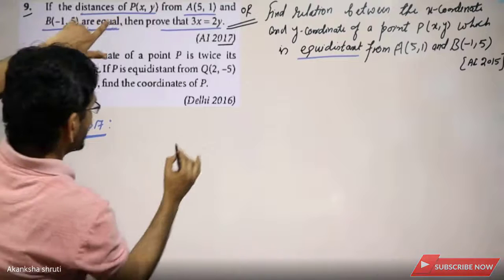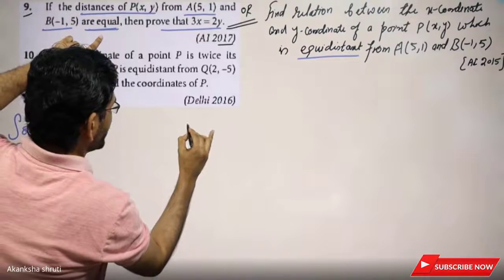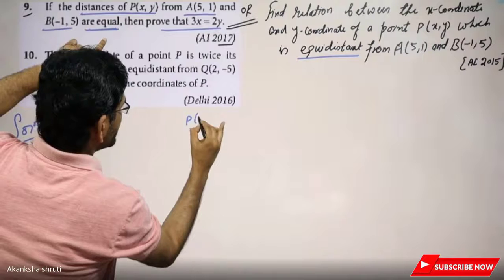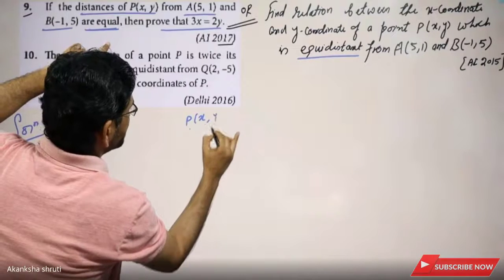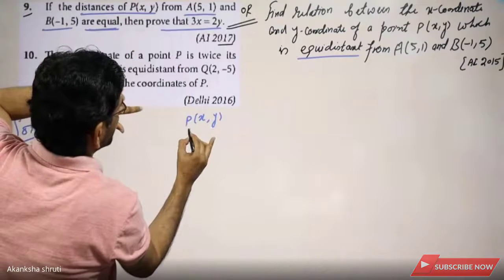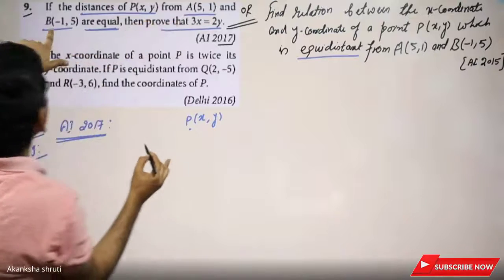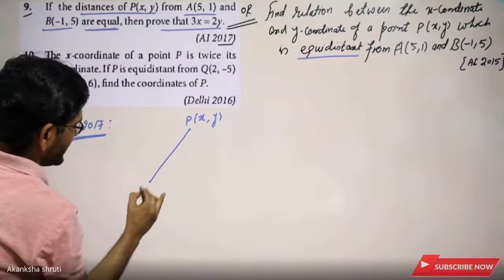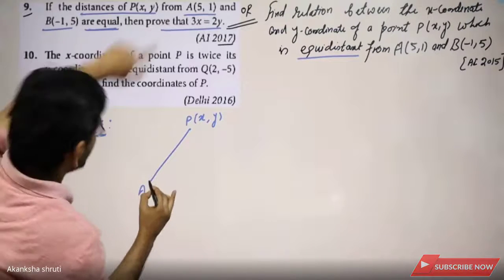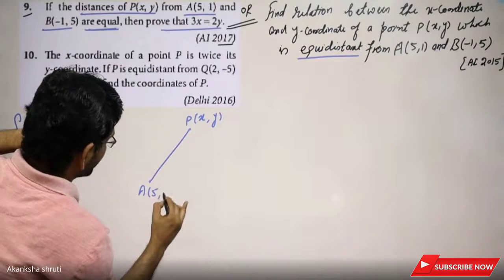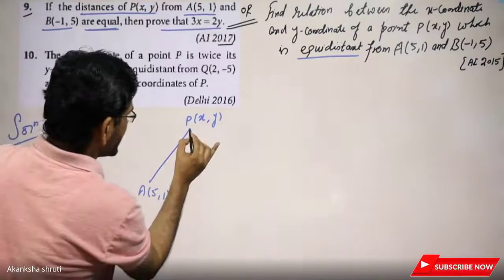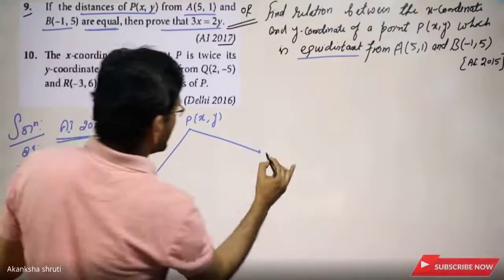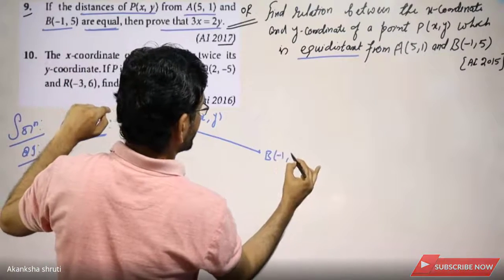It is given that we have to find a point P which is equidistant. Let us consider this point P here as (x, y). This is equidistant from points A and B. A is our (5, 1), and B is (-1, 5).